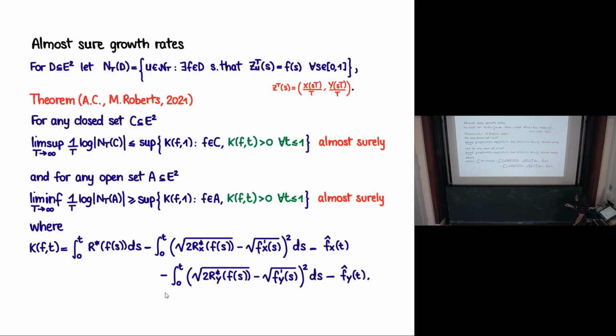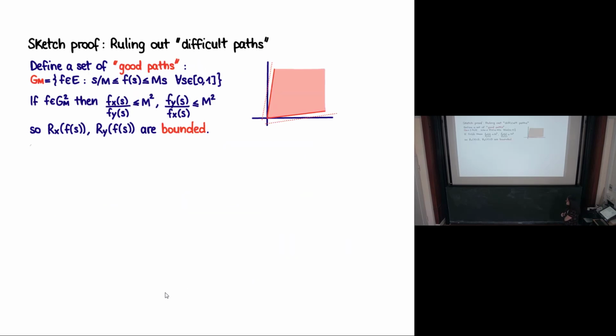Right. So the plan for the remainder of the talk is giving you an idea of the proof. The first thing is I'm talking about rescaled paths, and I don't want to take all of them. There will be some of them which do not behave nicely enough, and the first thing we can do is get rid of them.